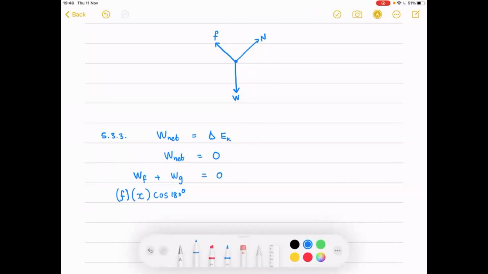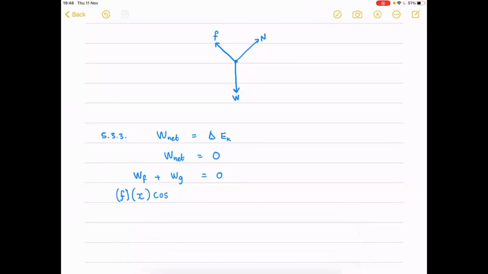Let's just not leave out the steps here. Cos of theta plus here, it's just going to be the work done by gravity, which is just going to be mgh. Or mgh cos of 0 if you want to, and that's equal to 0.